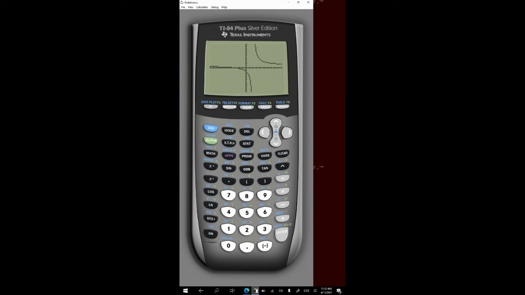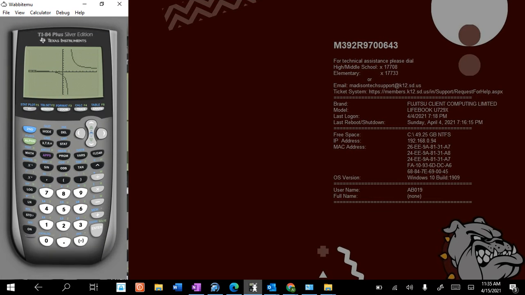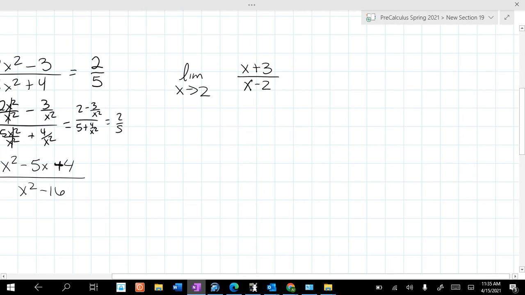So, what does it say? It just says going to 2, right?